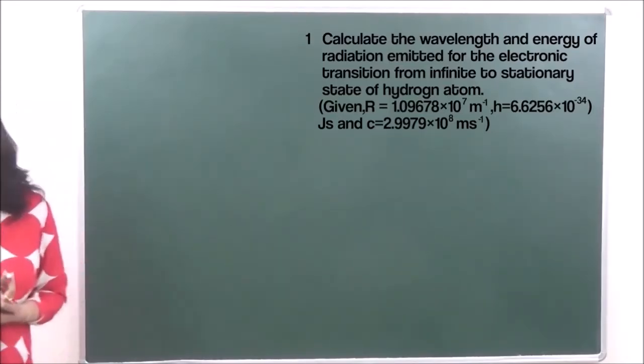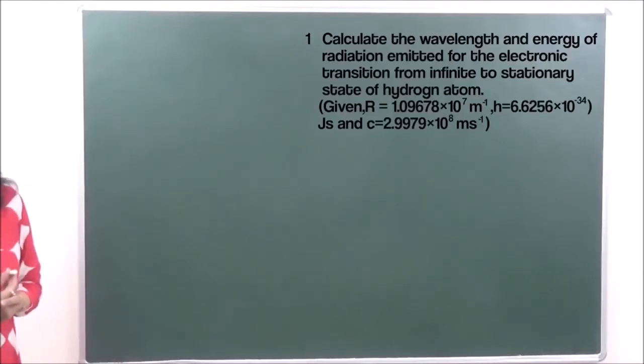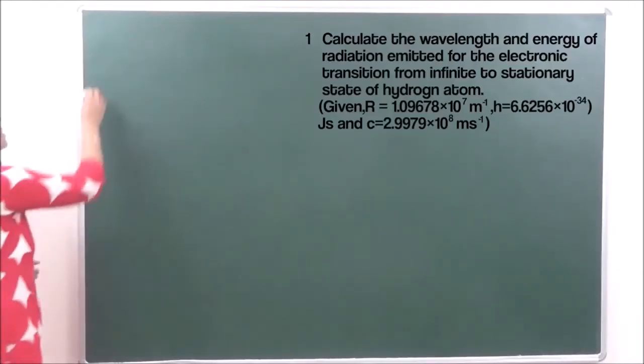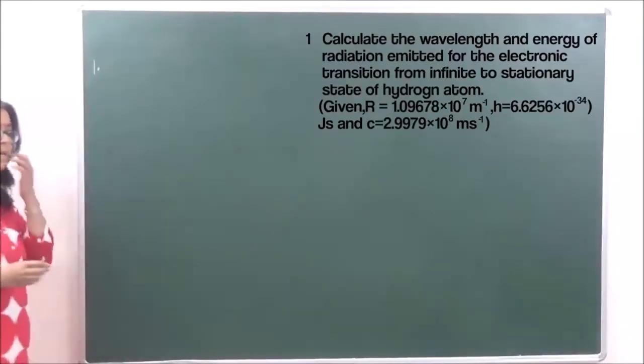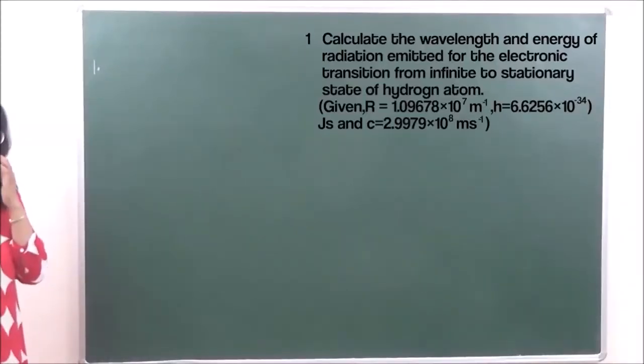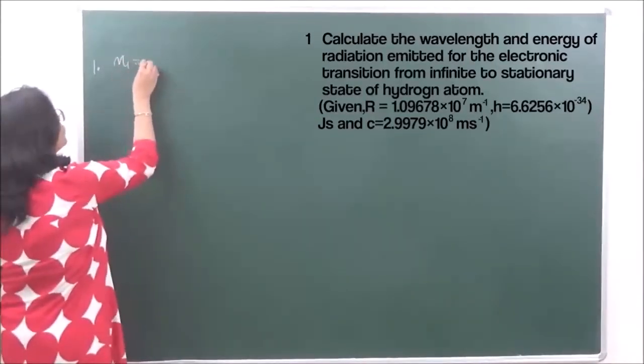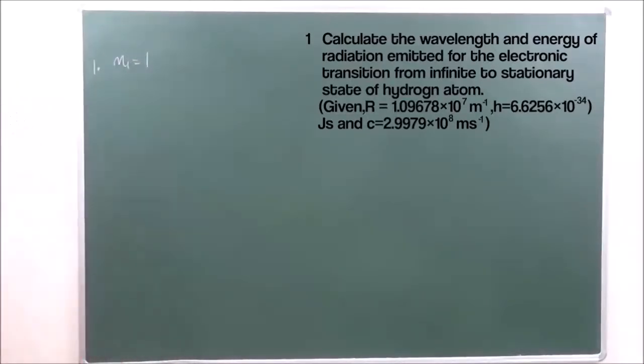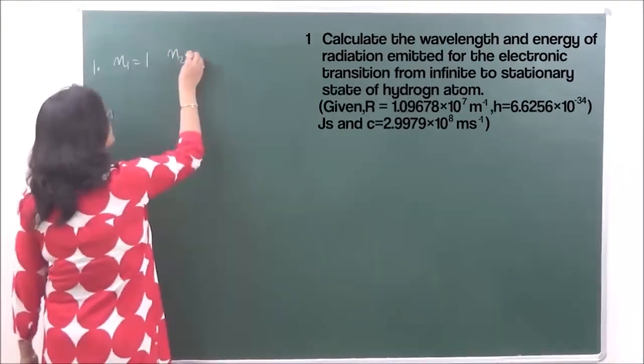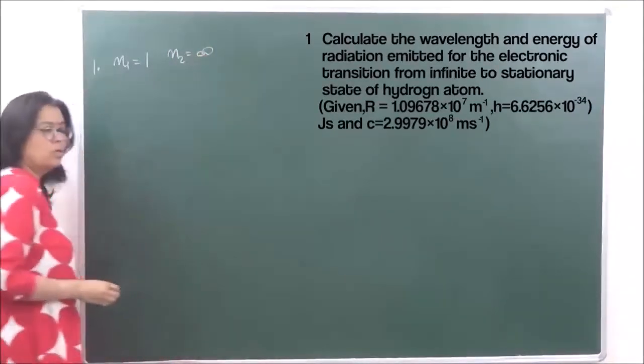Now in this question they have given us two states, one is the stationary state and one is infinity. So over here n1 for hydrogen is equal to 1, that is the stationary state, and n2 is equal to infinity.